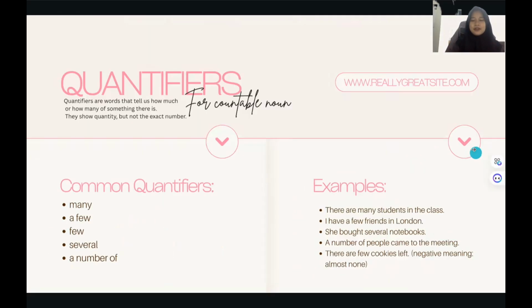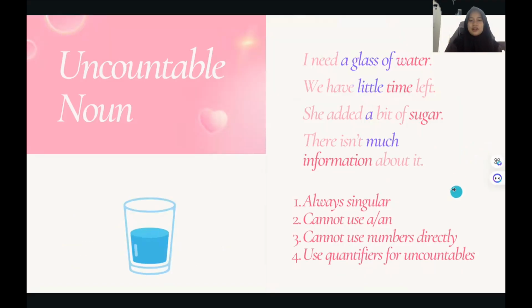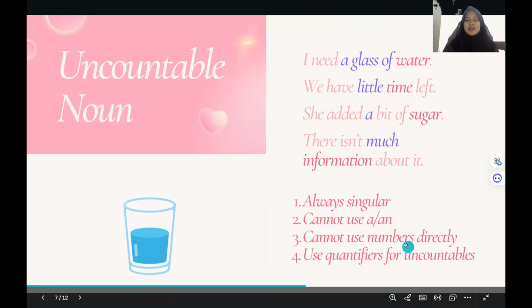For uncountable nouns, first, it is always singular. Second, cannot use a or an. Third, cannot use numbers directly. Fourth, use quantifiers for uncountable nouns. So what does it mean, cannot use numbers directly?